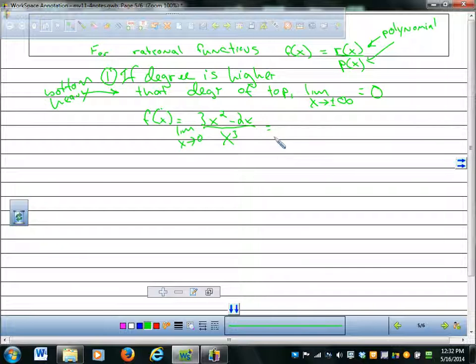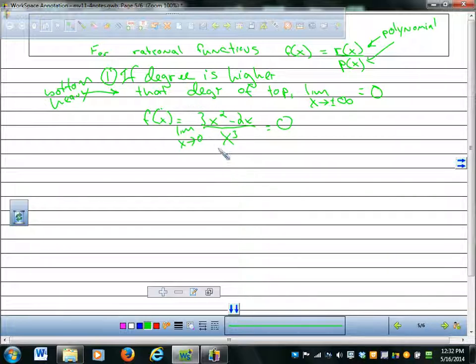It looks like it would be 3, but it's 0. Because if I plug really big numbers in here, like 100, when I cube something, it gets bigger way faster than if I square it and then multiply it by 3.